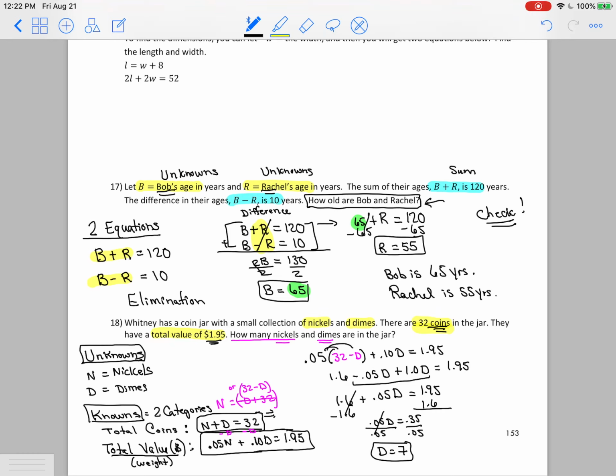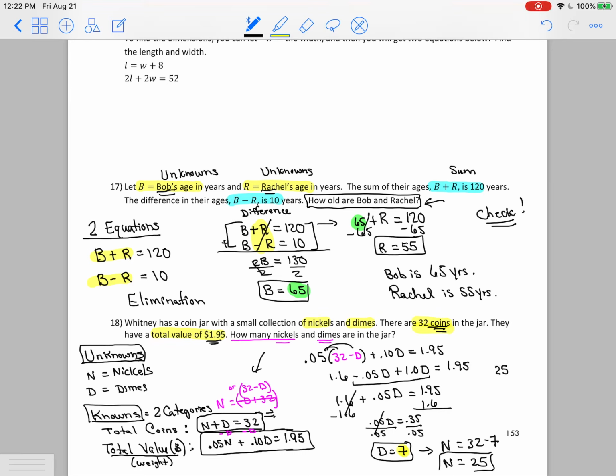So we have solved for the number of dimes, obviously, right? And then we can just easily plug this in. We know that now d is equal to 7. That's helpful, right? So let's go back to our equation here and solve for n by just plugging in 32 minus 7. So our n is equal to 25.